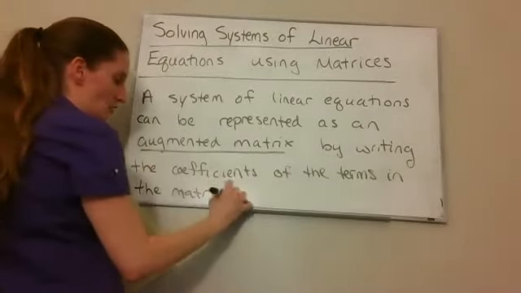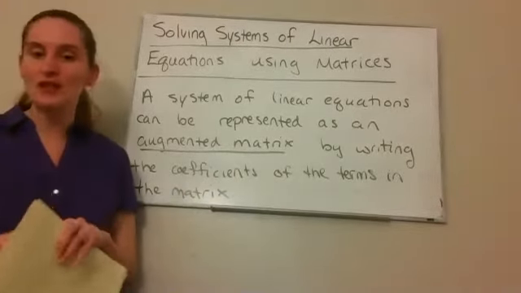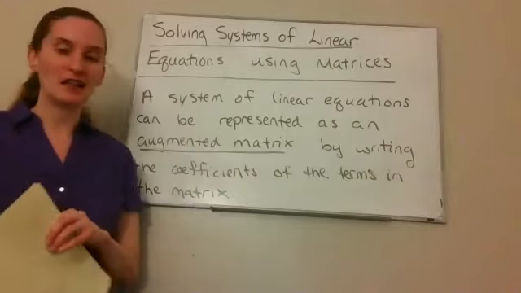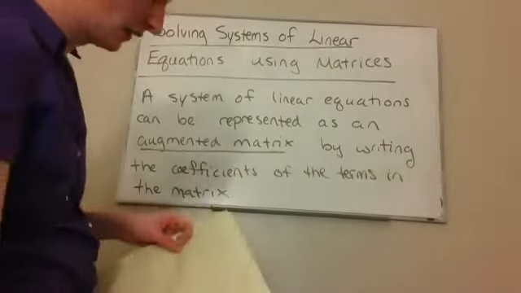And I'm going to give us an example showing a system written out as a system of equations and also translated into a matrix so that you know exactly what I'm talking about when I say this.